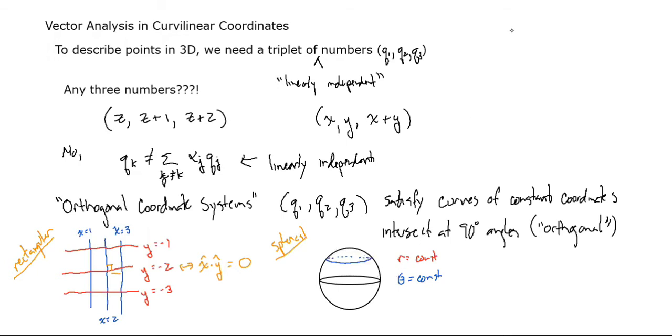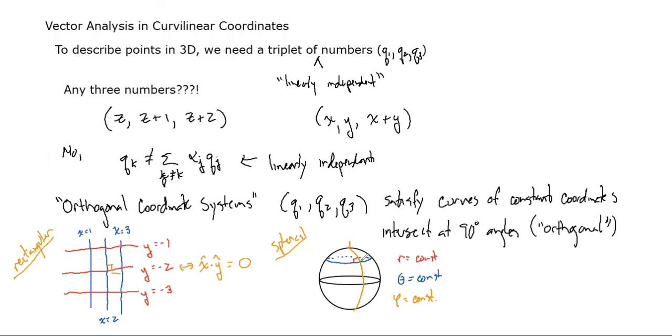And then we have phi is constant, so that would be a line of constant longitude. So that's phi is constant. And as best as I'm able to draw this, you will notice the same thing is true: the lines of constant latitude and longitude, if you zoom in, you're a tiny little ant walking on the surface of the globe, should intersect at a 90-degree angle.